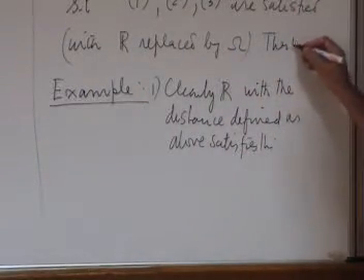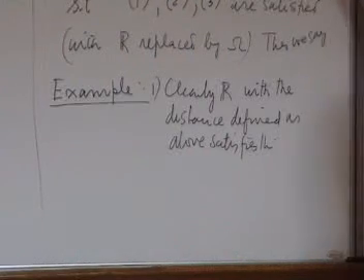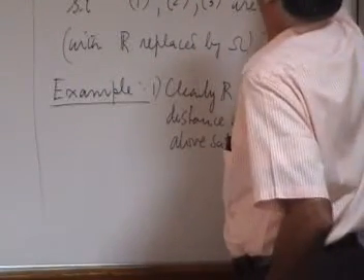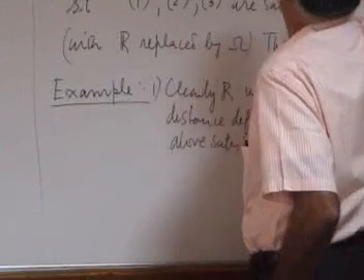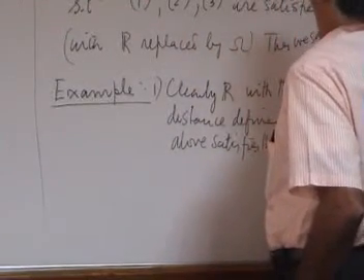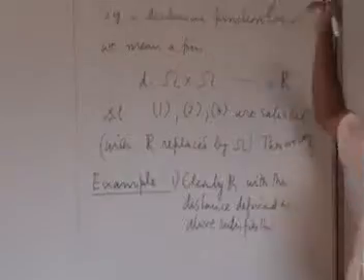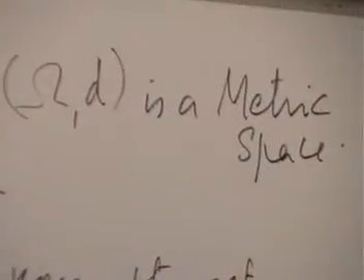Then we say that (R, d) is a metric space. We call that a metric space. So (R, d) is a metric space.